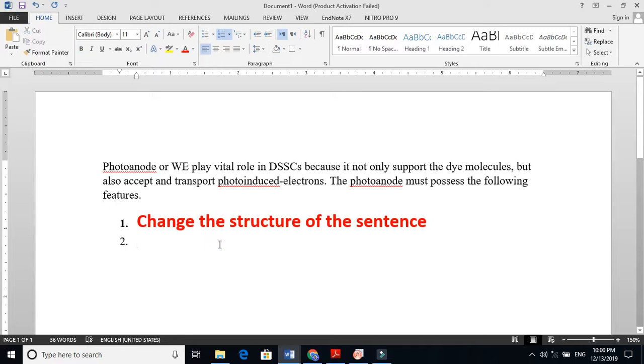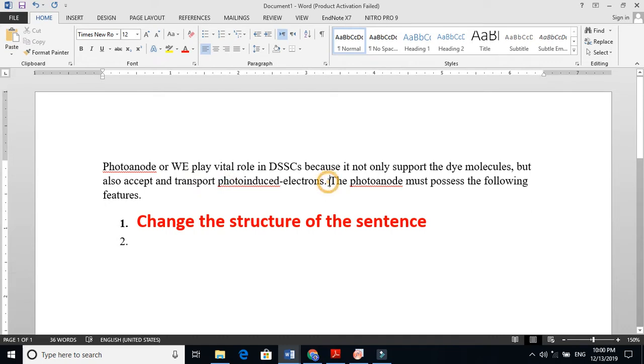Now, how to change the structure of the sentence? This means use passive voice instead of active voice, and use active voice instead of passive voice. Like here, I wrote that photoanode or working electrode plays a vital role in dye-sensitized solar cell, because it not only supports the dye molecule but also accepts and transports photo-induced electrons.